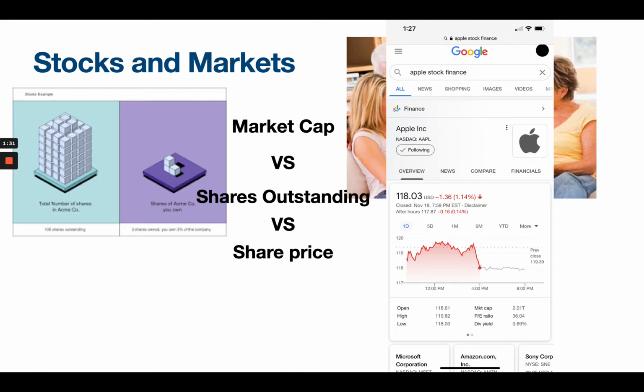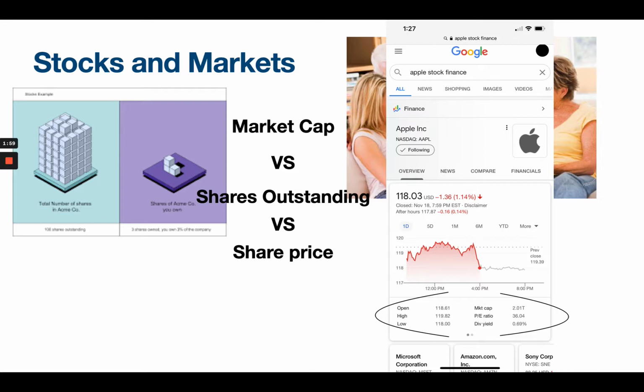But if you just type in Apple stock, the below part generally pops up. You can see the share price at 118 cents. And if you look down here, you can find the market cap of Apple, which lately is at 2.01 T, T standing for trillion because they're a huge company.